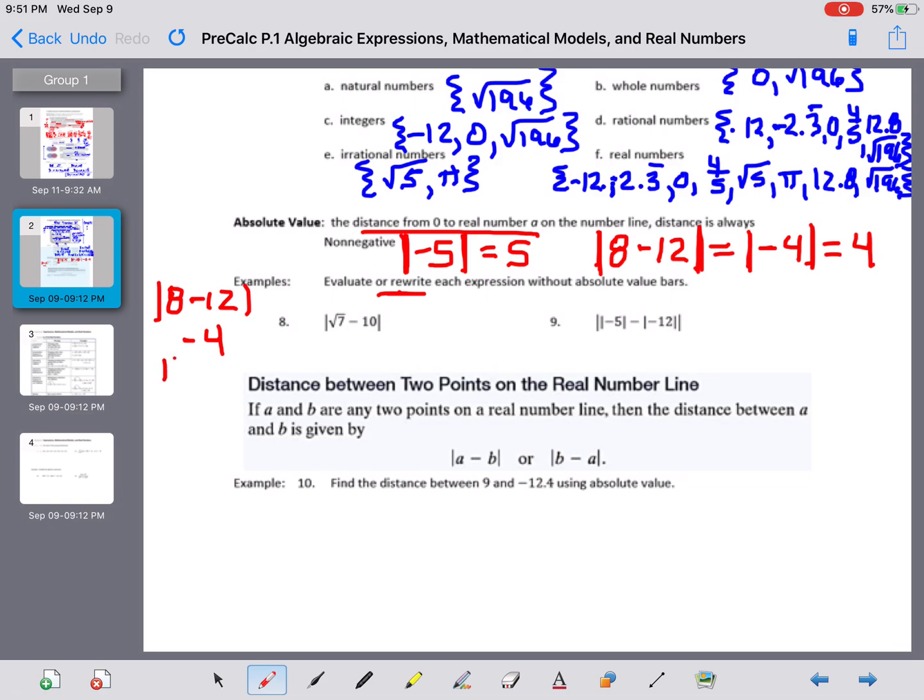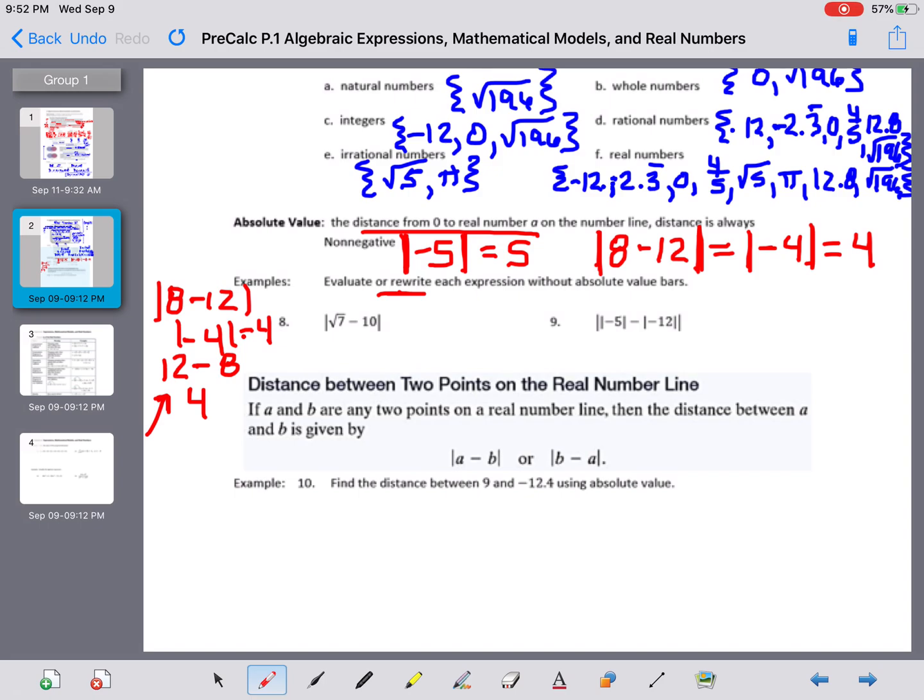If I would have flipped this around and said 12 minus 8, I get my answer of 4, which is the same thing as the absolute value of -4. So when it says evaluate it, that means if I can simplify it, I do, or rewrite it so that we could have the same answer without the absolute value bars. So this would need the absolute value bars to get the 4. This is the same problem rewritten with the same answer without the absolute value bars.